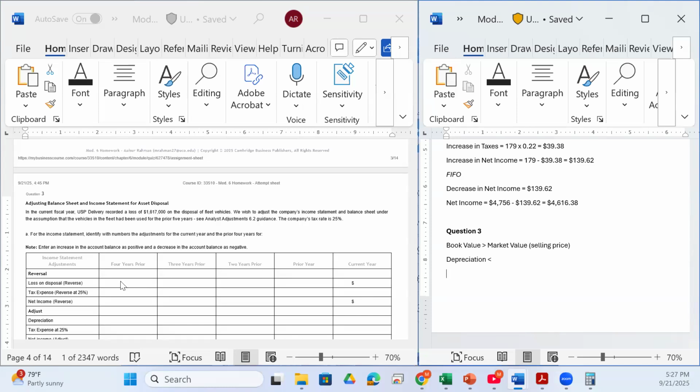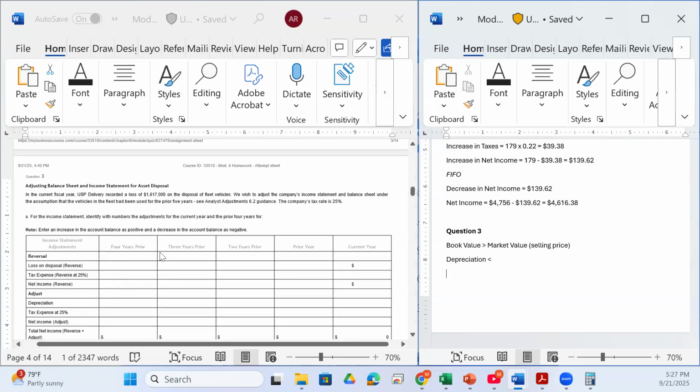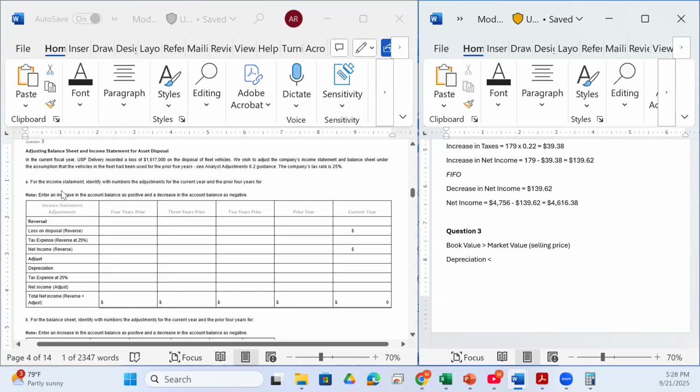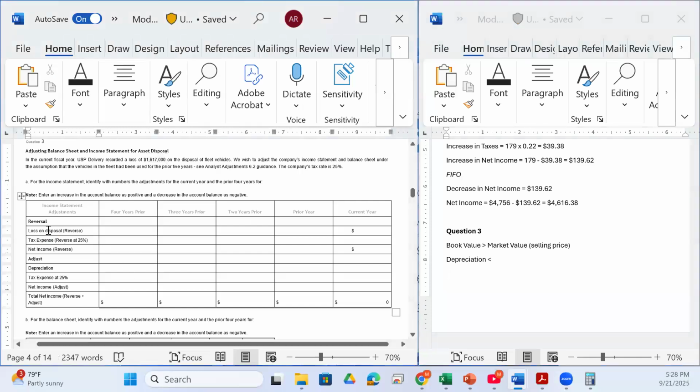So let's focus on this first part. For the income statement, identify with numbers the adjustments for the current year and the prior 4 years. So first of all, it was a loss, so the current net income reflects this loss. And we have to reverse this amount.